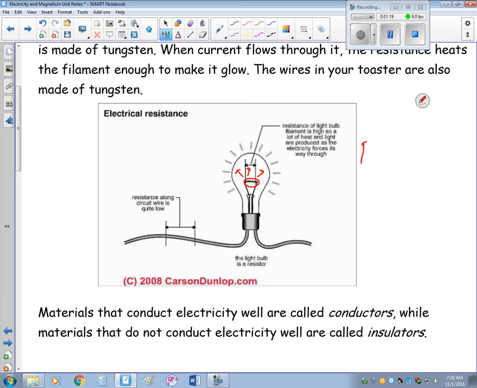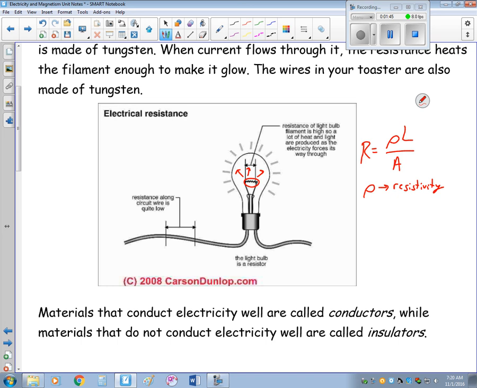Now, one way we have of calculating resistance is with this formula right here. In this one, first off we have this rho, which is called resistivity, and that comes down to the material. So tungsten has high resistivity, copper has low resistivity.